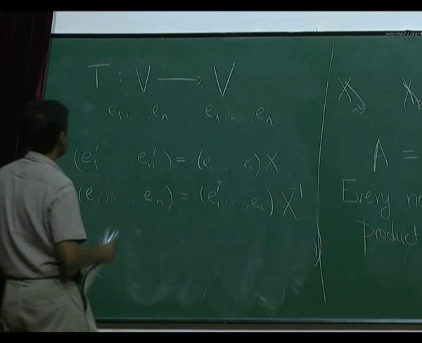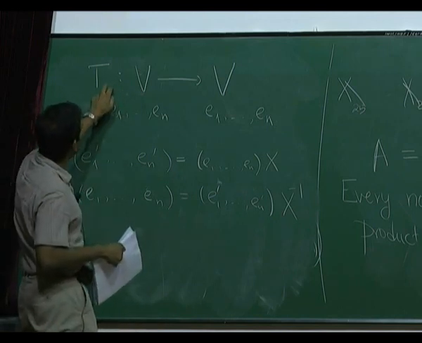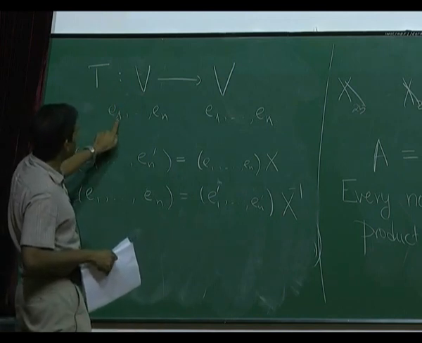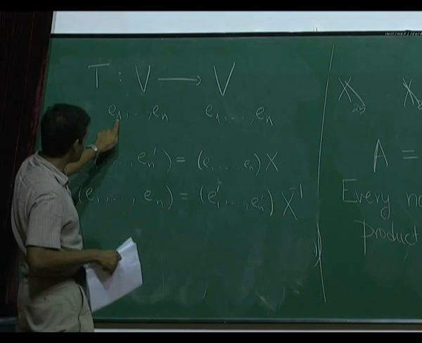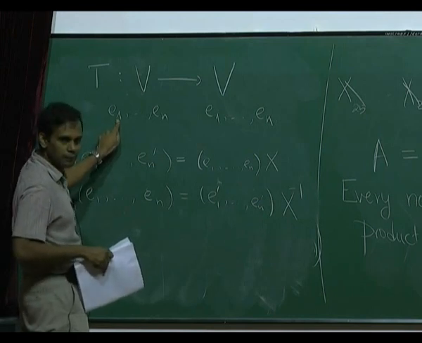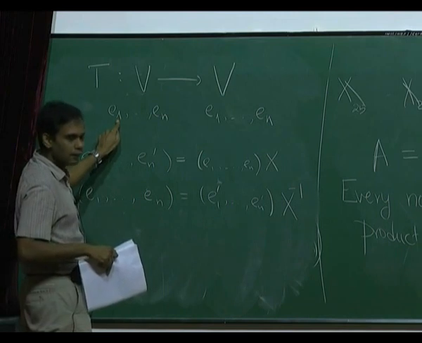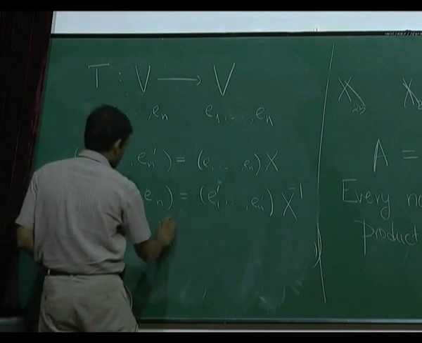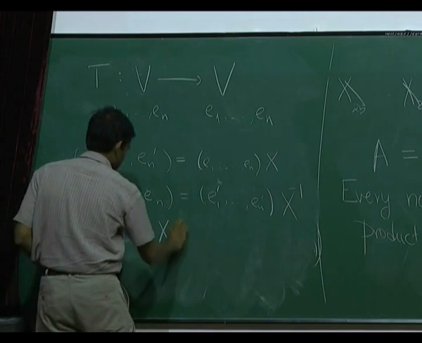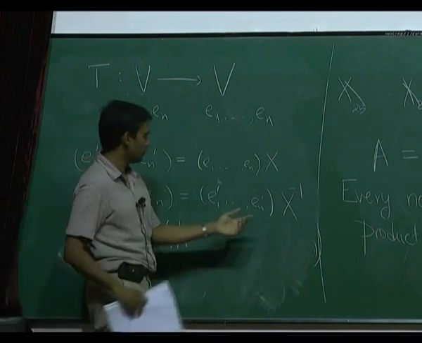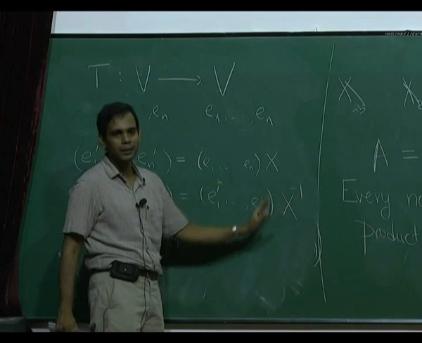So then what you get is, if the matrix for T with respect to E1 En is A, then the matrix for T with respect to E1 prime, E2 prime, En prime is x A x inverse, right? This y which we had last time has been replaced by x inverse.